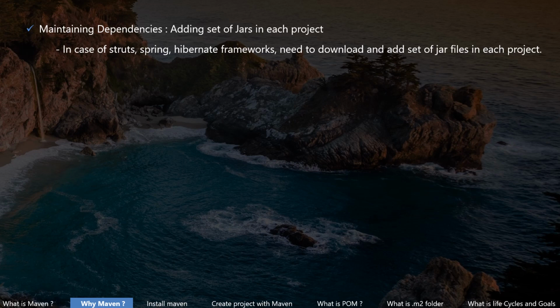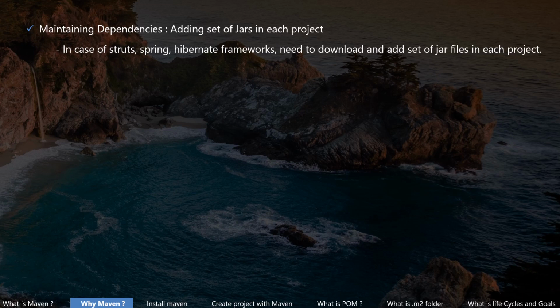Those frameworks have their own libraries, and sometimes they need third party libraries too. So downloading those libraries manually and putting them in our project structure at the right location is a difficult task. And additionally, we need to update those libraries based on our requirements and our project version. So that is also a difficult task, and Maven can help us to manage all these dependencies and jar files.